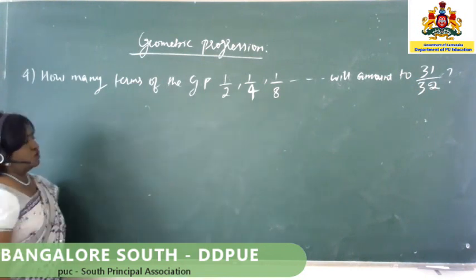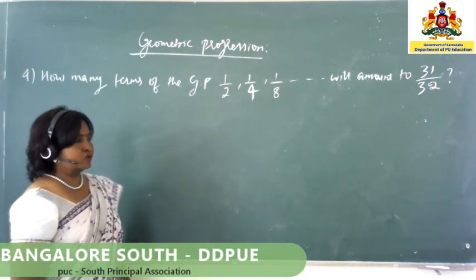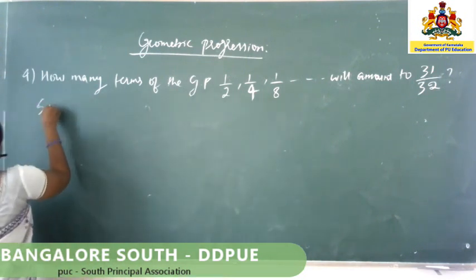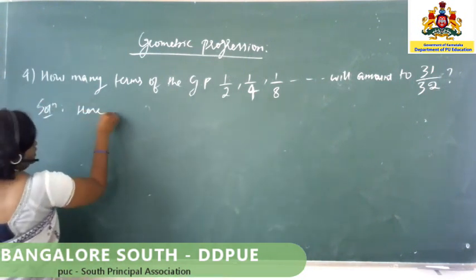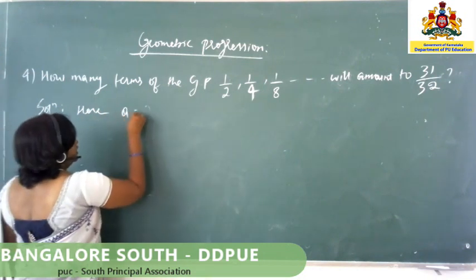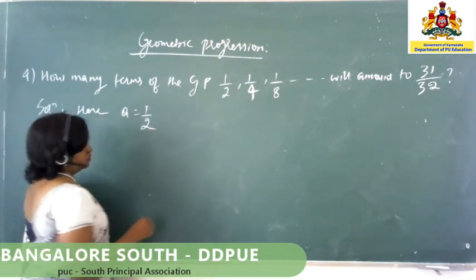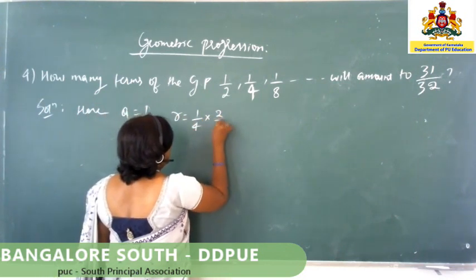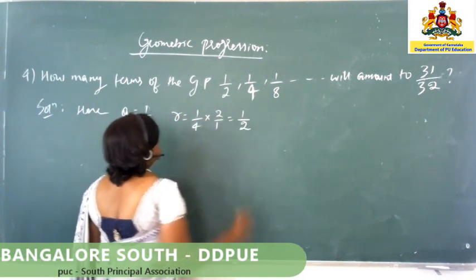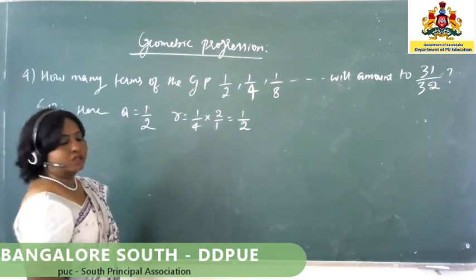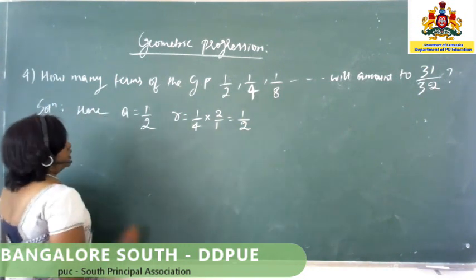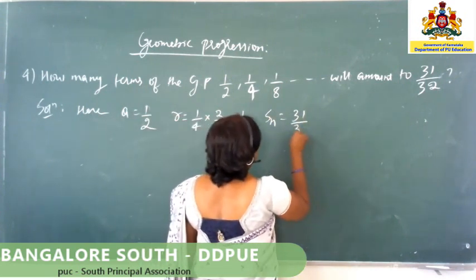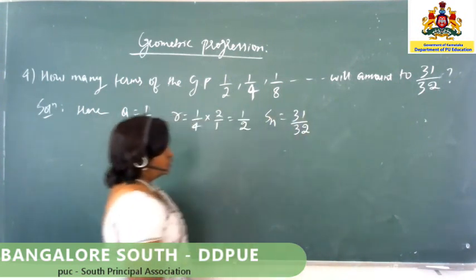So you should find the n value here, but the formula you use is Sn. Solution here: A is equal to 1 by 2, R is equal to 1 by 4 into 2 by 1, that is equal to again 1 by 2. Sn is equal to 31 divided by 32.